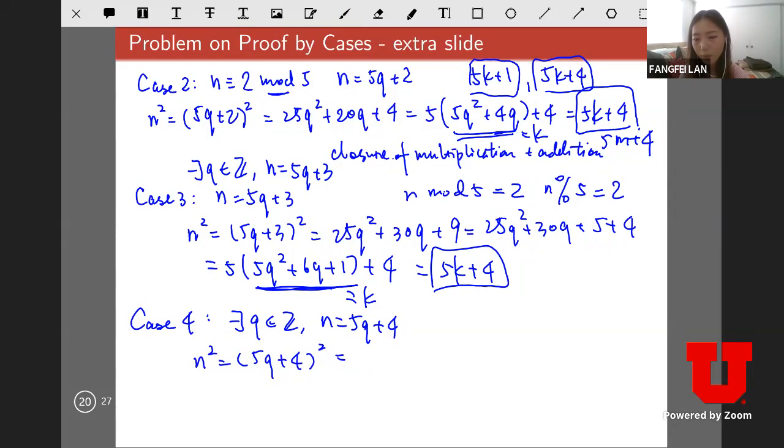Somebody is asking, wait, we can separate the 9 into 5 plus 4? You can split up integers however you want, as long as they add up to the same thing. Like you can split the 9 into 1 plus 8 if you want, but that doesn't really help us. What we want is this form, so the goal is 5k plus 4 or 5k plus 1, whichever.